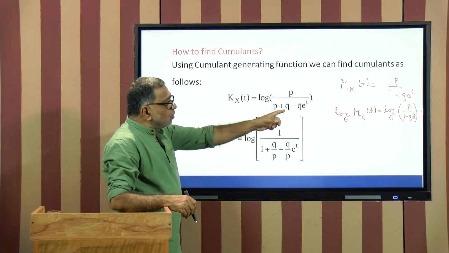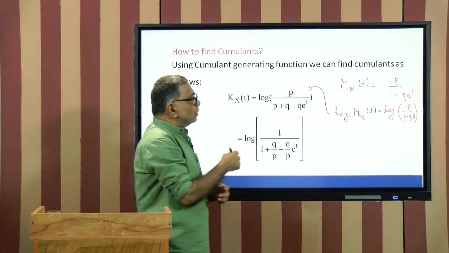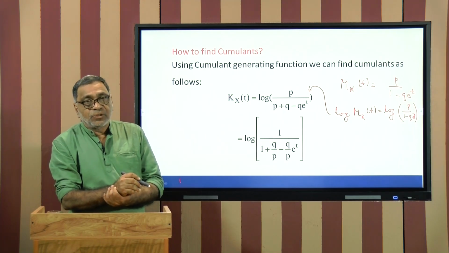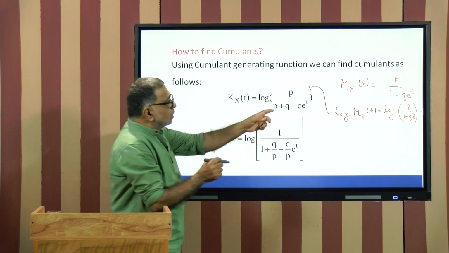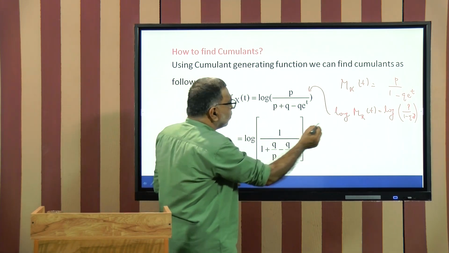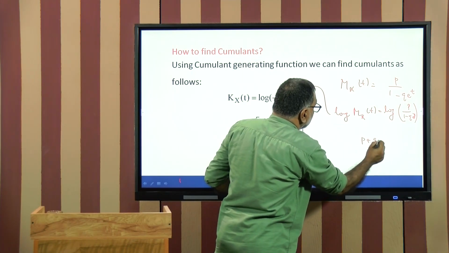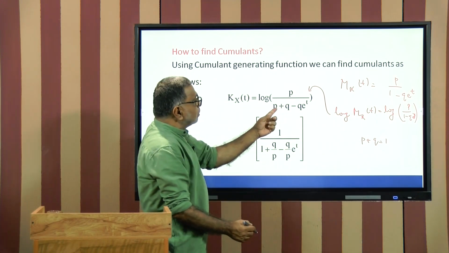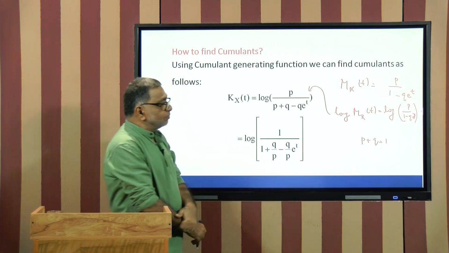Now we are changing that value. Logarithm of M_X(t) is equal to logarithm of p divided by 1 minus q e^t. Instead of this 1, we know p plus q is equal to 1, so let me write p plus q minus q e^t.